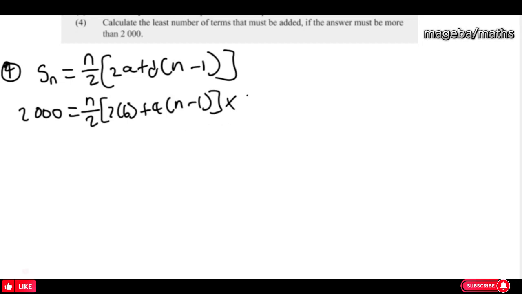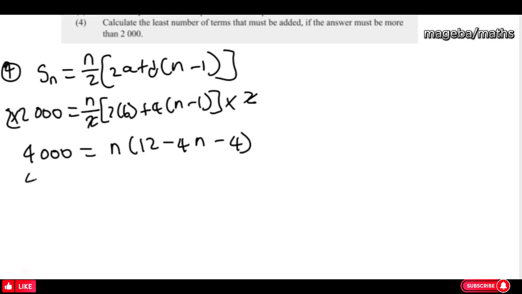From here we can multiply by 2 both sides to get rid of these 2, and then we can say 2 times 2000 gives us 4000. Having this n, this is 12, and then this is going to give us negative 4n, and then negative 4. Sorry, this is positive 4, so it's going to be 4n, and then 12 minus 4 is going to give us positive 8.